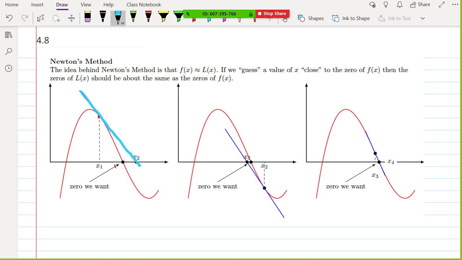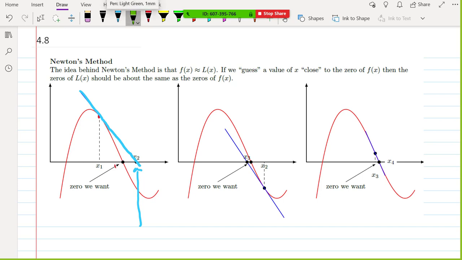Then the tangent line to the curve, we could then set it equal to 0 and find its x-intercept, x2. And we hope, as we see in this picture, that x2 is closer to the solution we want than our original guess, x1.